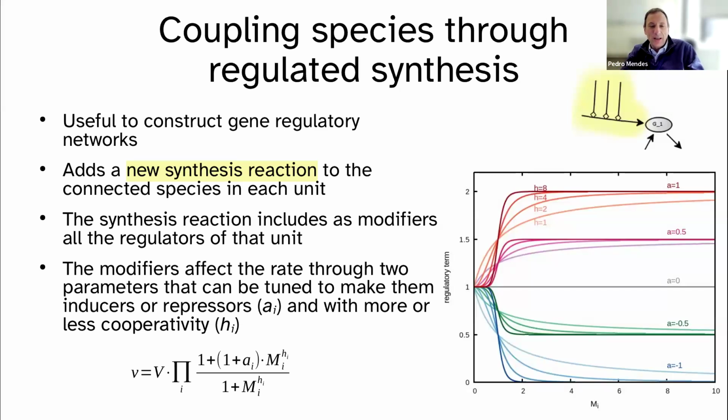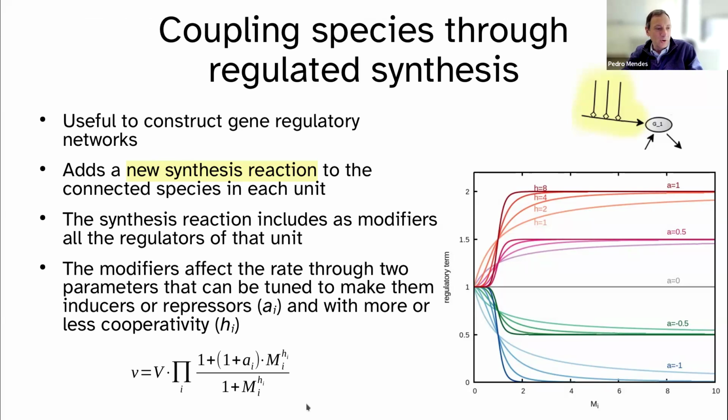Every time one unit receives input from any number of other units, we add 1 new reaction in the receiving unit. So this is the receiving unit here. Let's call it a certain gene. And it's activated or inhibited by 3 genes, so we add one reaction in this unit for gene 1, and that reaction is a synthesis reaction that is now regulated by the other 3 genes.